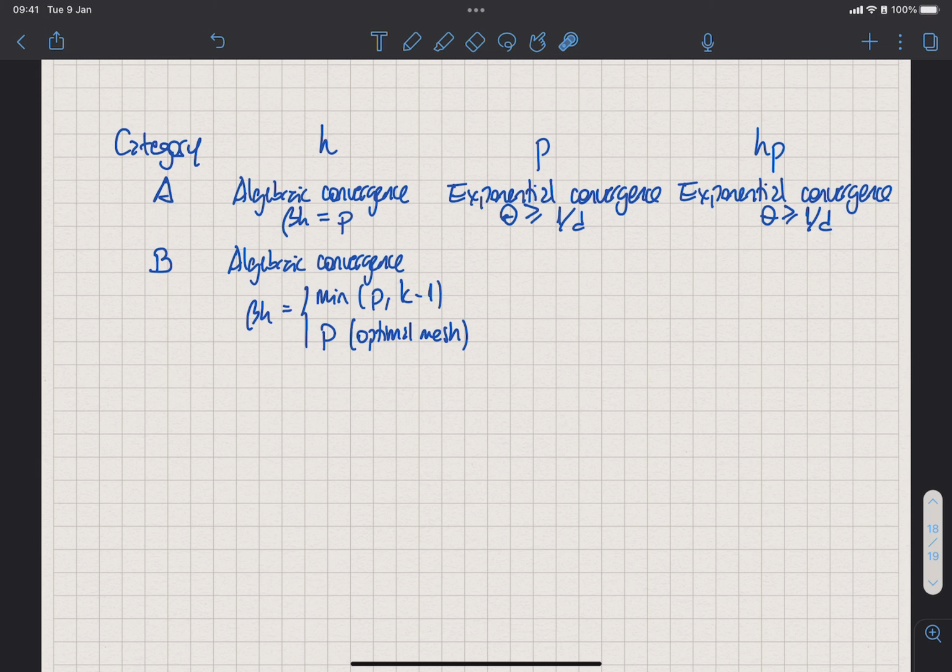Yeah, you have a question there? What is k? K is the regularity of the solution, basically the order of the Sobolev space your solution lives on. Yeah? Some abstract mathematics. But just to make it very simple, if k is super large, your solution is very smooth. If k is very small, then you have a singularity.